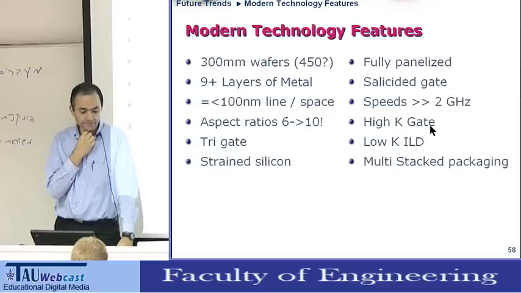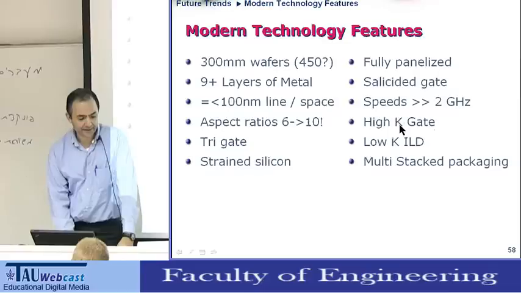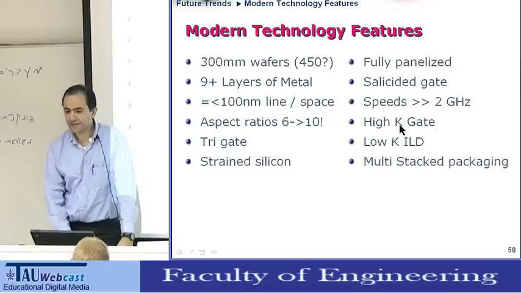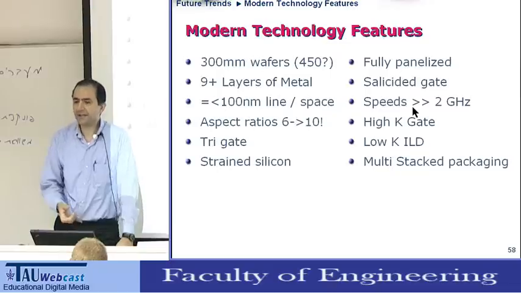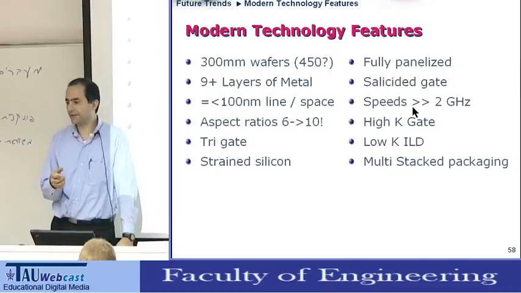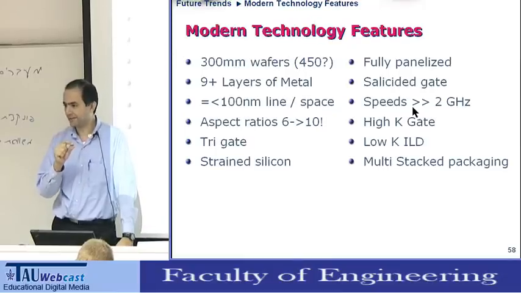And the high K means that we get a higher dielectric constant. Okay, we need a higher dielectric constant because then, with a thicker gate, we can get the performance of a thinner gate.